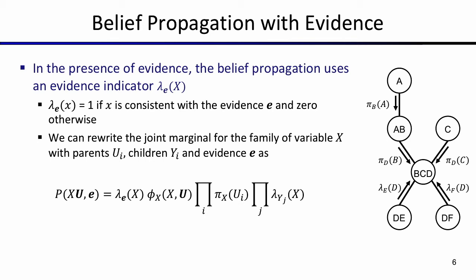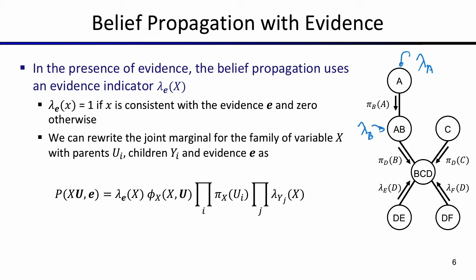For instance, if we have an evidence indicator that mentions the variable A, we create this lambda A here and associate it with this node. So we multiply it by the factor that we have there, that is the probability of A. If we have evidence that mentions variable B, I create an evidence indicator, and it is multiplied here, and so on.